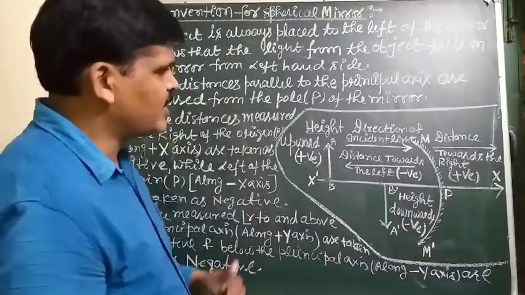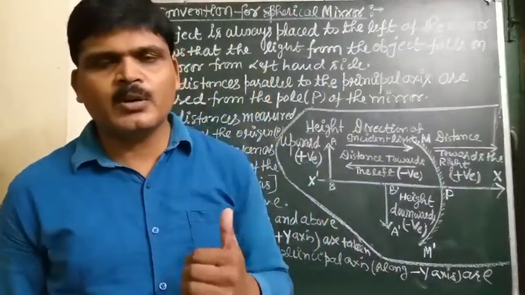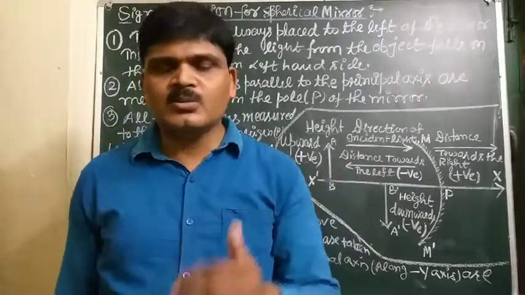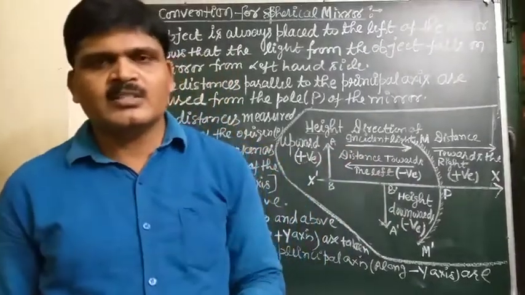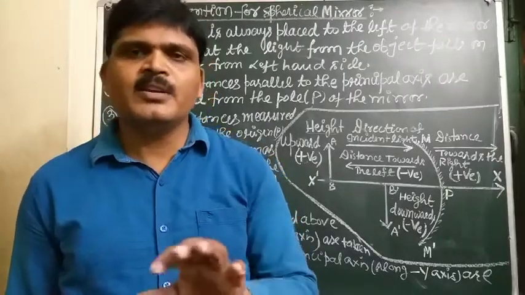So these are the sign conventions, and when you solve the numerical problem, you must apply this sign convention rule, then your answer will be correct, otherwise your answer will be wrong.